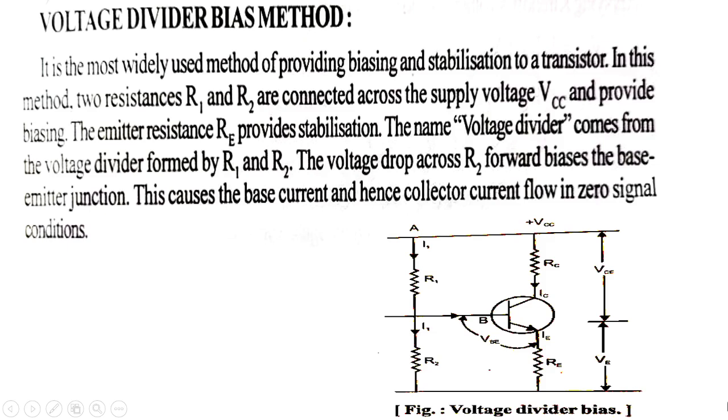See in the figure that RE here provides stabilization. The name voltage divider comes from the voltage divider formed by R1 and R2. The voltage drop across R2 forward biases the base emitter junction. This causes the base current and hence collector current to flow in the zero signal condition.